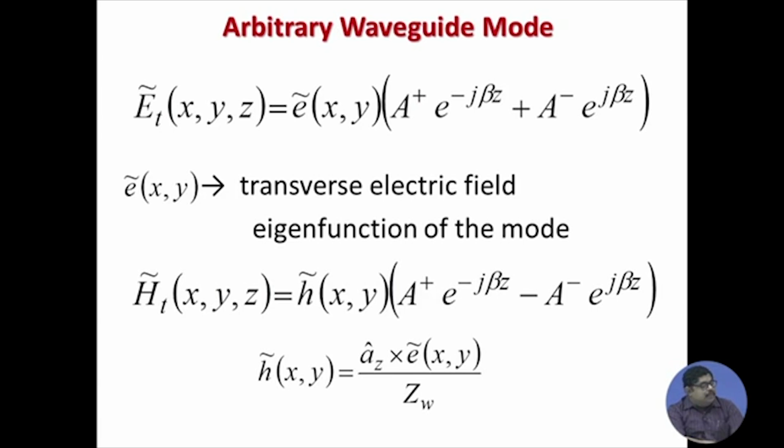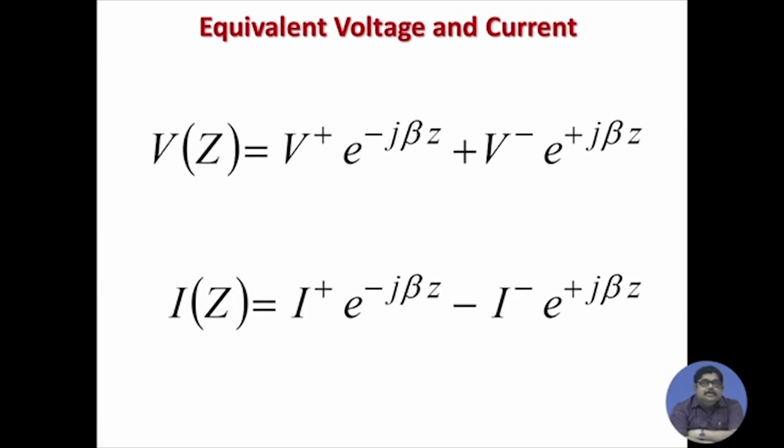Now, to make equivalent voltage and current, what we do, we write V(z) as a positive going voltage wave V plus e to the power minus j beta z, and obviously also a reflected voltage wave V minus e to the power j beta z. Similarly, the current wave also we break into two parts, one is the incident wave, another is the reflected wave. Remember that for the incident and reflected wave, there is a negative sign between them because of the power propagation direction.